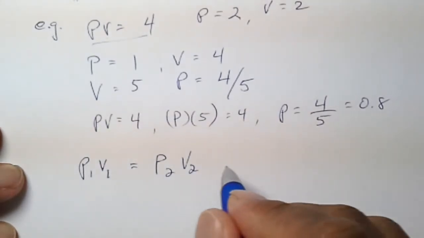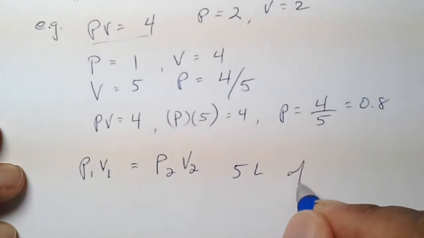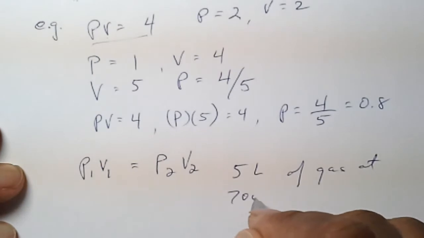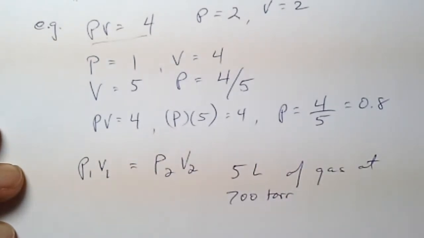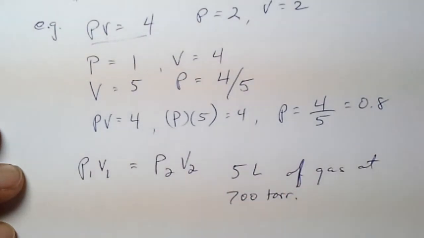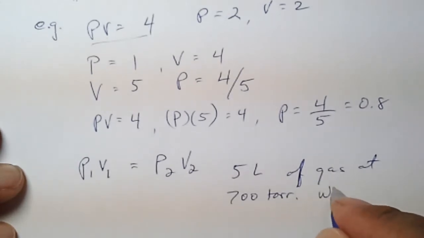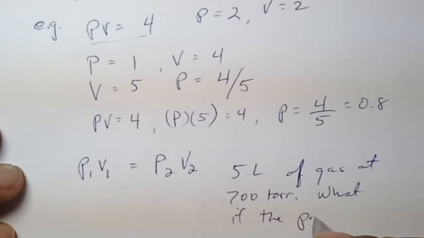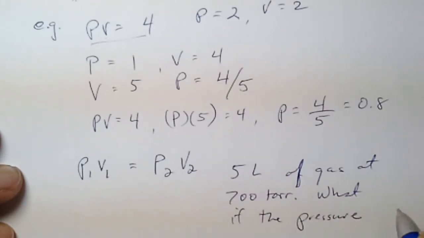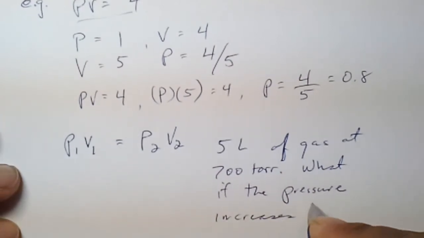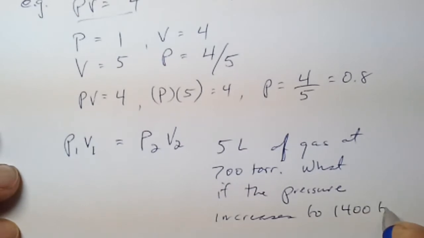As an example, 5 liters of gas at 700 torr is our current condition. What if the pressure increases to 1400 torr?